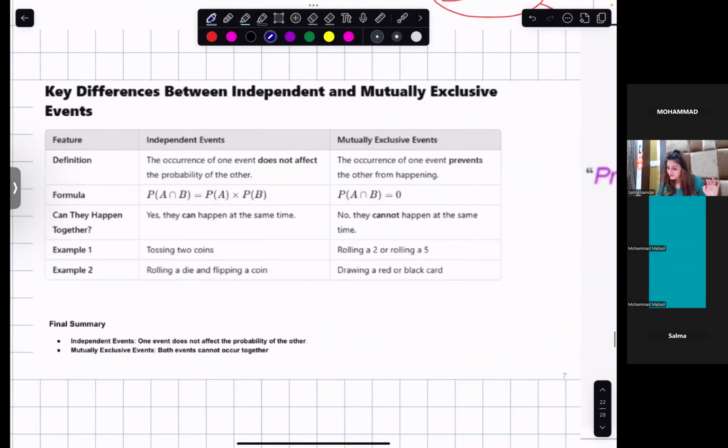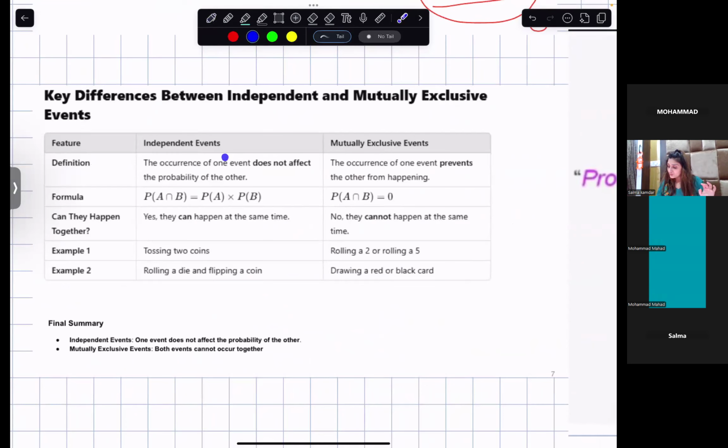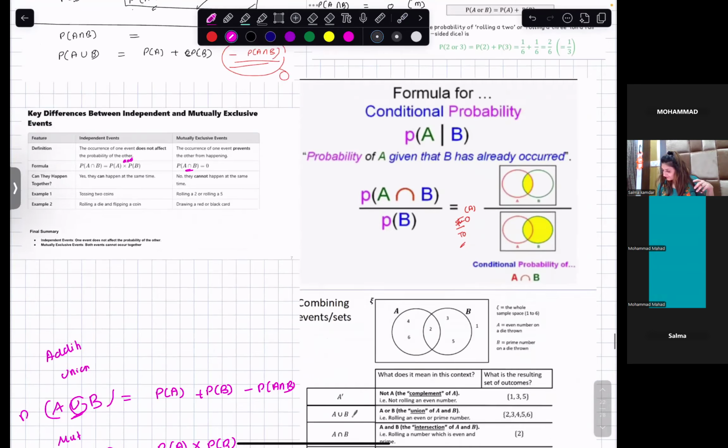Okay, so there's a difference between independent event and mutually exclusive event. In case of independent event, A can happen and B can happen. That is why I multiply. In case of mutually exclusive event, A intersection B is zero. With me? This is all I think for probability.